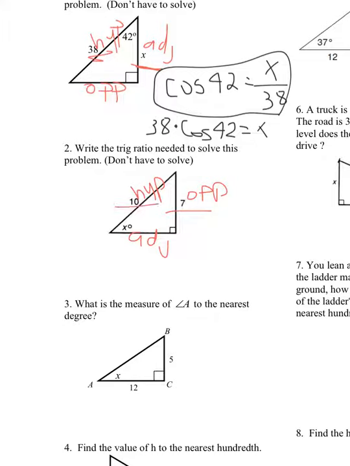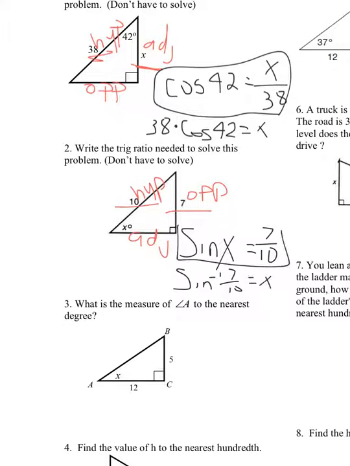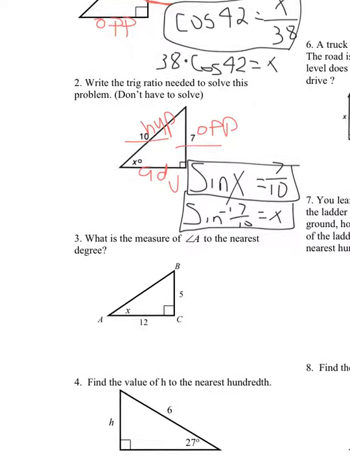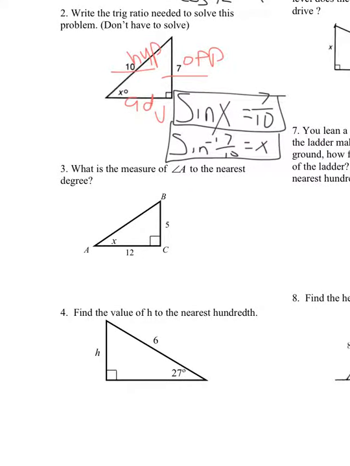Our angle is x, so when we set this up, this is sine x equals opposite over hypotenuse. And then I'm also going to go ahead and write it in the inverse form. This is when you use the sine with a little -1. So, again, these are how you initially set it up. This is how you go to solve it. Both of them are there for you. Rest of the problems we're actually going to solve and get answers.